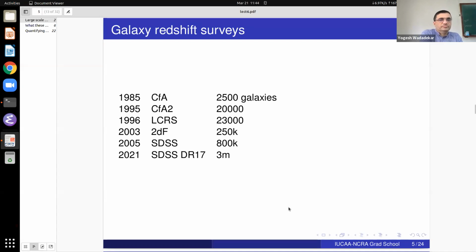And the most recent iteration of the Sloan Digital Sky Survey, data release 17, has more than 3 million spectra of galaxies. So within the last 25 years or so, we have seen a 100-fold increase in the number of spectra that are available.